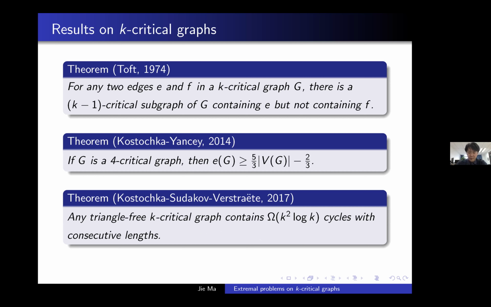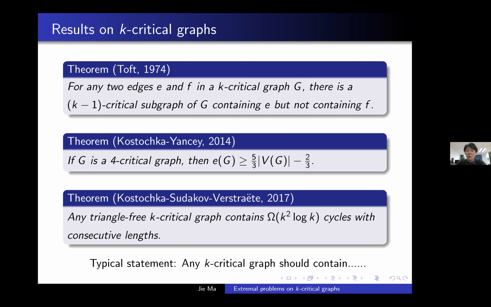Namely, if they begin with, say, t, then it's t plus 1, t plus 2, and keep going. So from those results, we see a typical statement: we want to study, say, any K-critical graph should contain something. This something means sometimes it's some special form of subgraph, sometimes it's a general property.